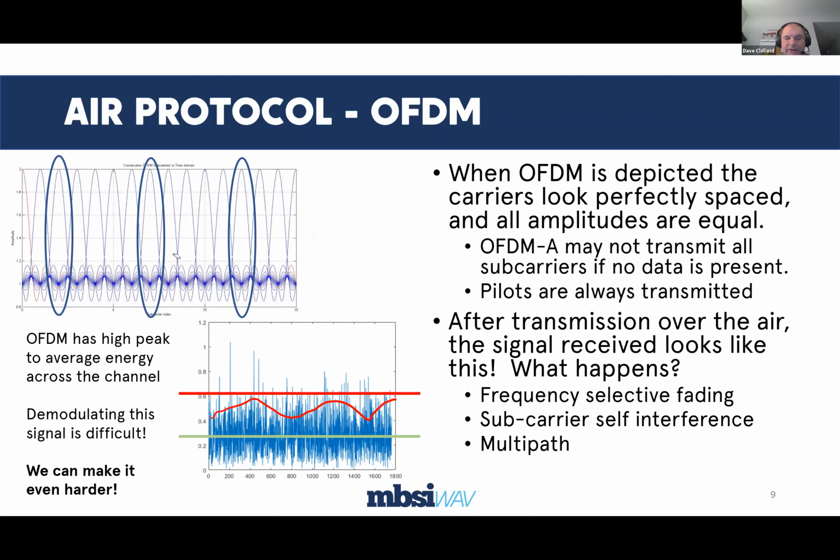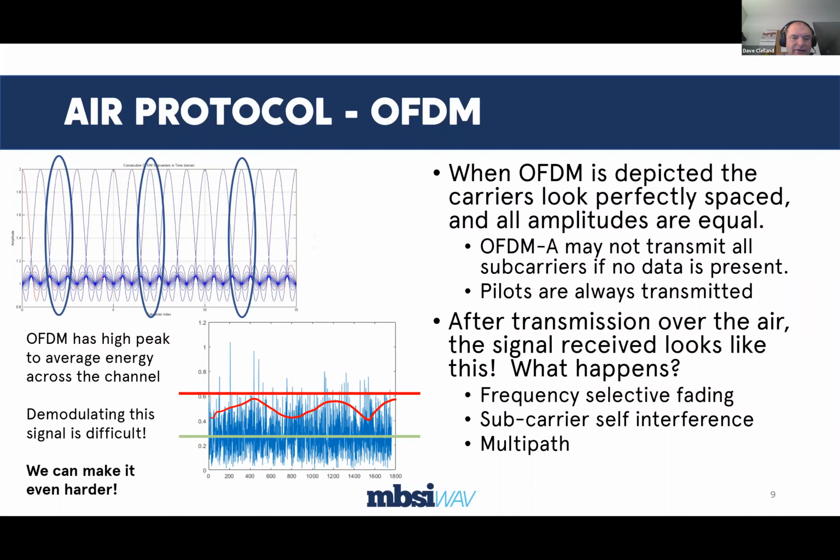Now in this business, as we have frequency selective fading going on, we can also have interference between these carriers going on. The receivers are sensitive to the difference in amplitude between these, because as I mentioned, the closer the peak energy is to the average energy in the channel, the better the receiver is able to decode that signal.